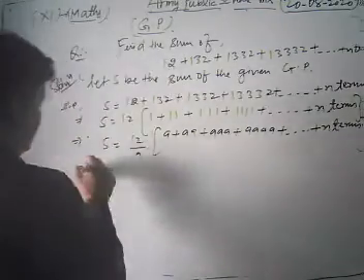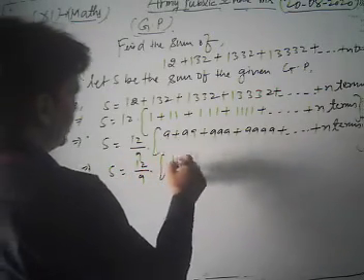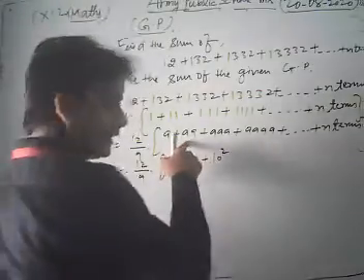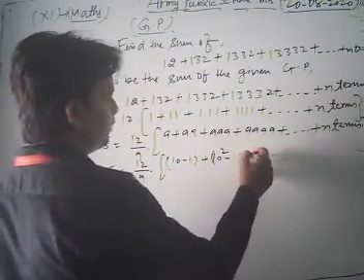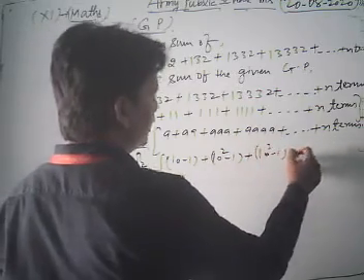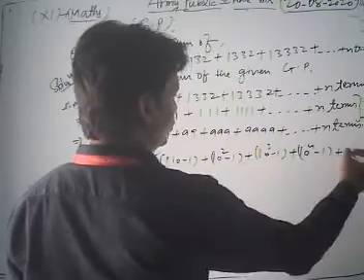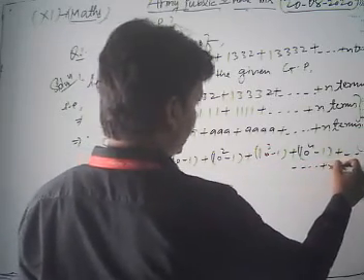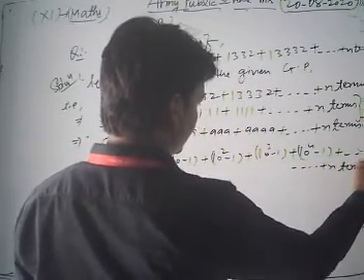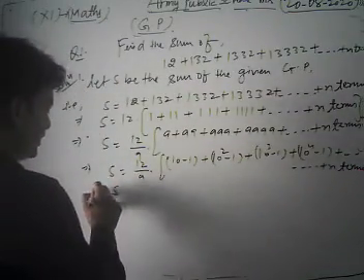We write it as 1/9 times (10 minus 1) plus we write 99 as 10 square minus 1, we write 999 as 10 cube minus 1, and the same way 10 power 4 minus 1, up to n terms.